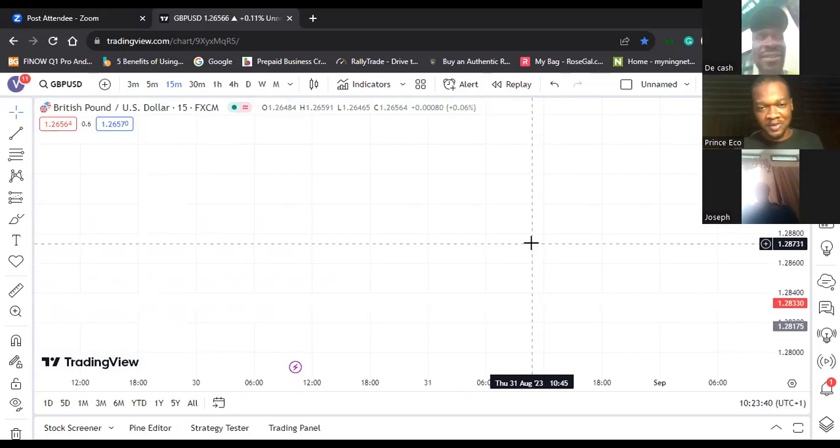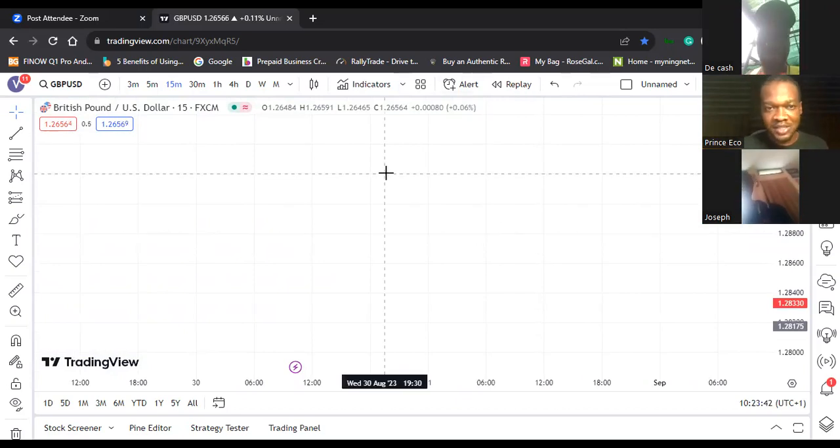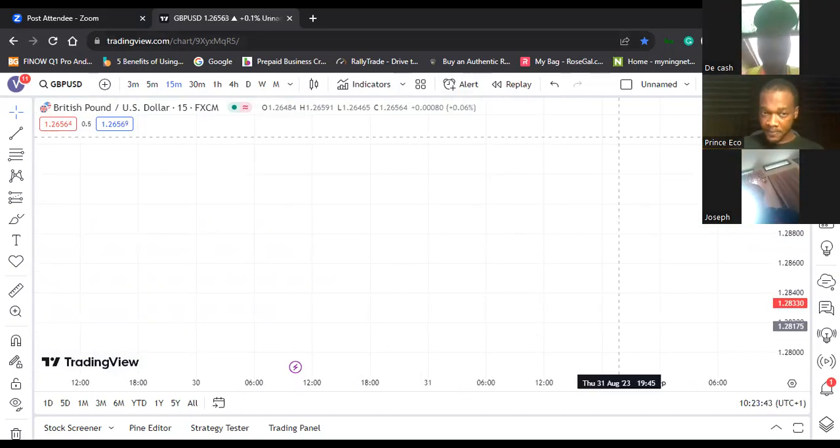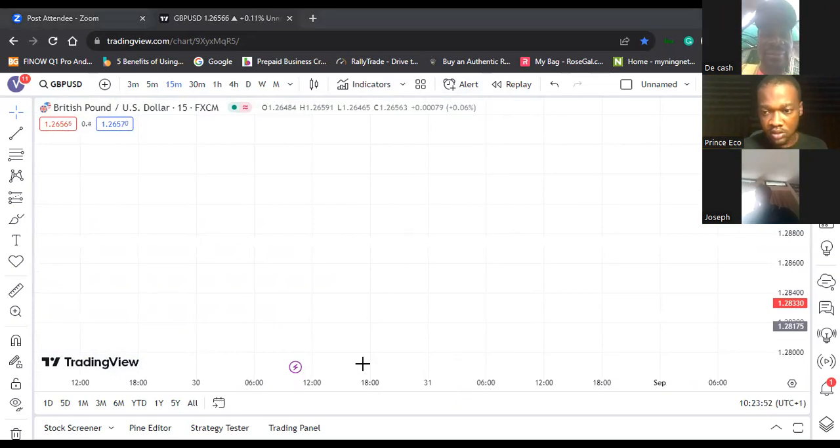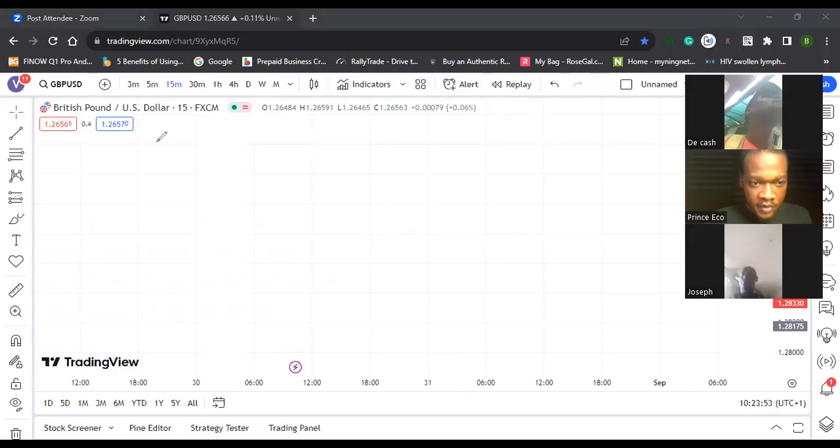Now, what is structure? Like I always say, structure is basically the direction of the market. Let me go to this. Okay, so basically, this is structure.